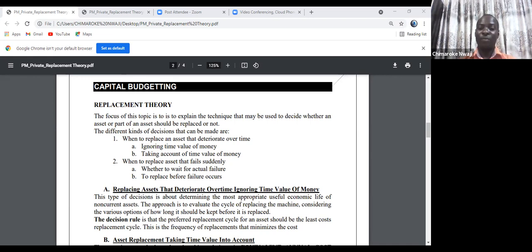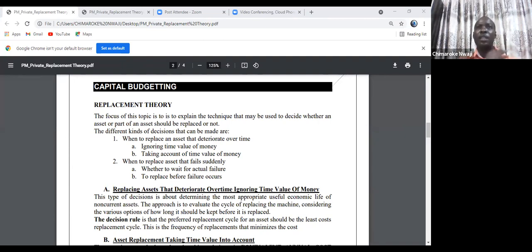Decision rule, pay attention to the decision rule. The preferred replacement cycle of an asset should be the one that will give you the least cost, the least cost replacement cycle. What do we mean by replacement cycle? Replacement cycle is the frequency of replacement.